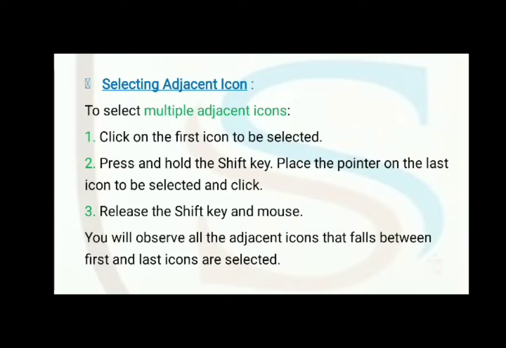As soon as you click on it, all the adjacent icons get selected. Now you can release the shift key and the mouse, and you will observe that all the adjacent icons that fall between the first and the last icons have got selected.